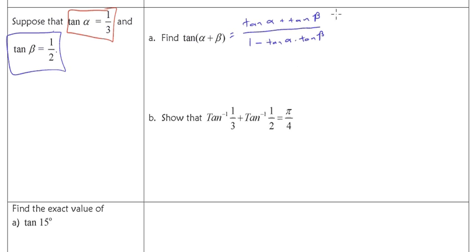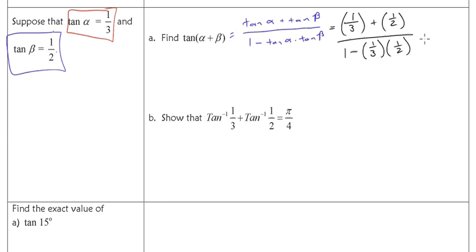So this is equal to, tangent of alpha is going to be 1/3. Let's rewrite that. 1/3 plus tangent of beta, we're told is 1/2, so plus 1/2, all divided by 1 minus tangent alpha, still 1/3, times tangent of beta, 1/2.